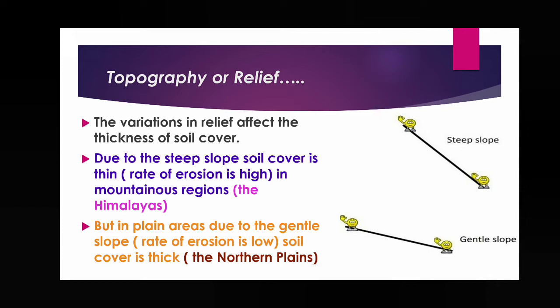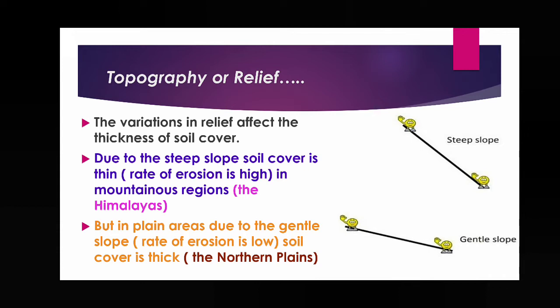And that's why if I ask you where you can do crop cultivation in a better way, which area is suitable for crop cultivation, that is gentle slope, that means plain area. And steep slope, that means mountainous region, cannot help you in crop cultivation because its soil layer is very thin. Okay?